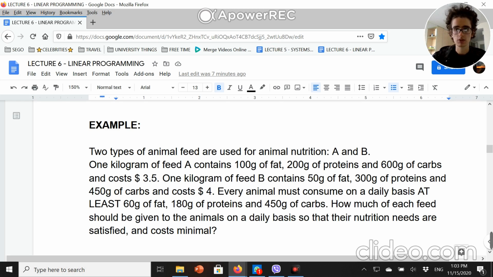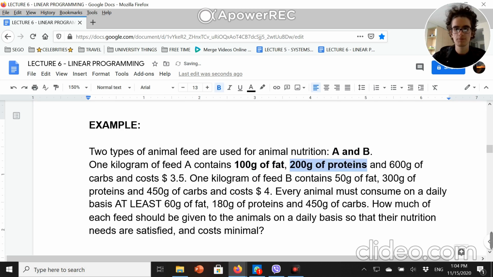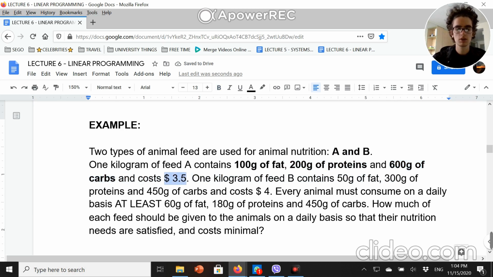So let's take a look and let's actually highlight what's important for us. Okay, so first there are two types of feed, A and B. We know that 1 kilogram of feed A contains 100 grams of fat, 200 grams of proteins, and 600 grams of carbs, and costs $3.5.